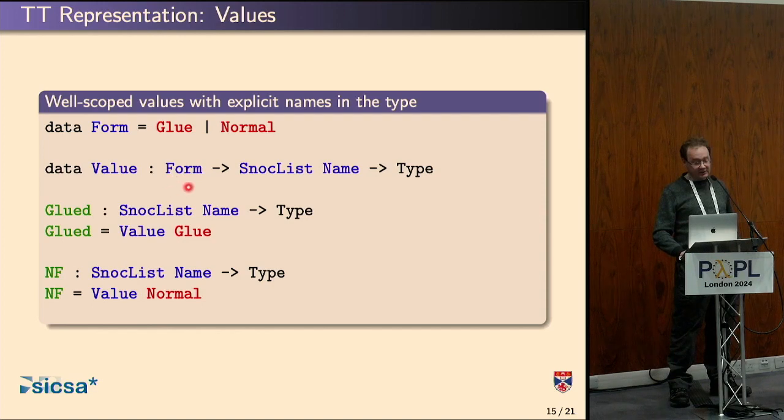I've done this to make it easier to port from the existing Idris code. The values are indexed by whether we know that they're a normal form or not. So we can look at the type and say, I need to do more work on this, or I've definitely got the head normal form here. I shouldn't say normal, that's really weak head normal form.